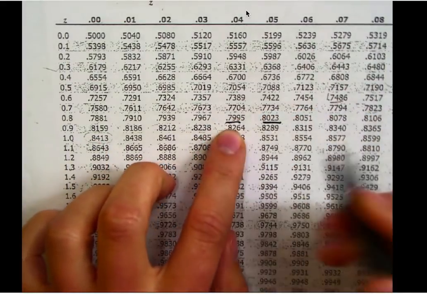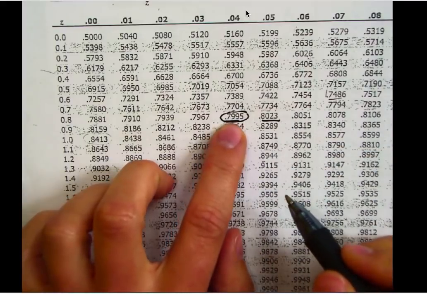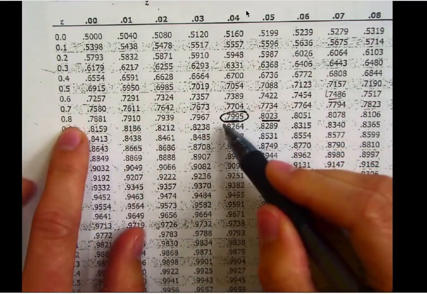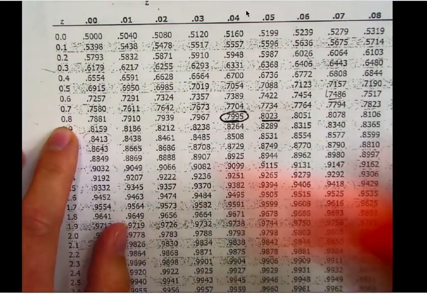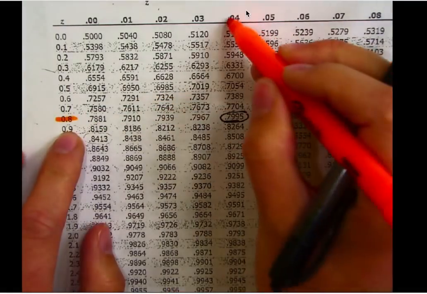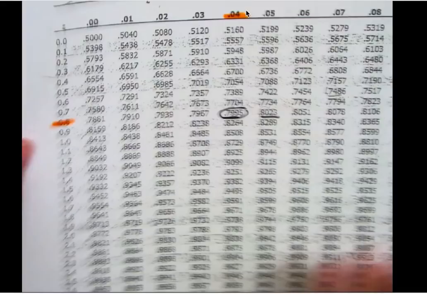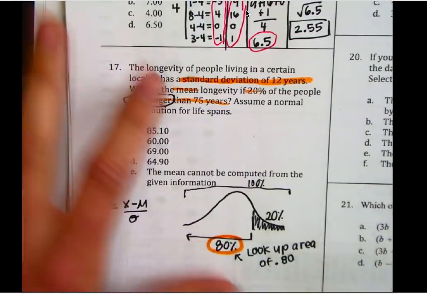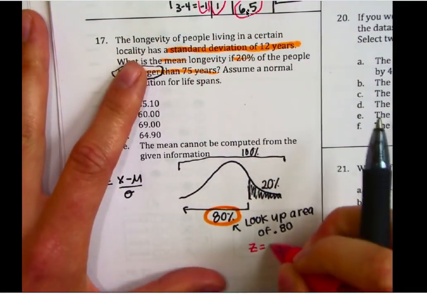Okay, so I'm going to pick this one, and I'm going to look for the z-score. So the z-score then is going to be 0.84. Okay, so that is what I need to look for, 0.84 as my z-score. I just found that from looking at my table.